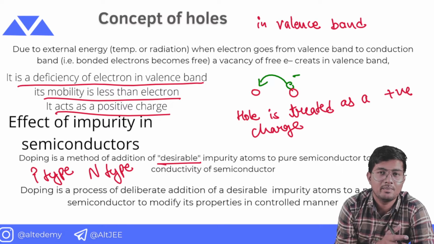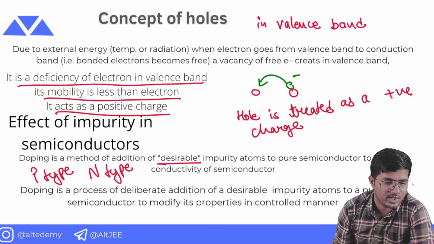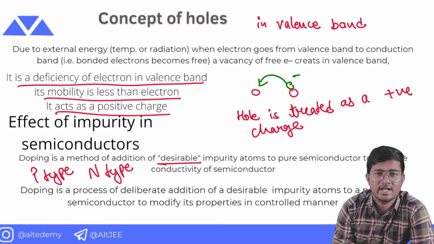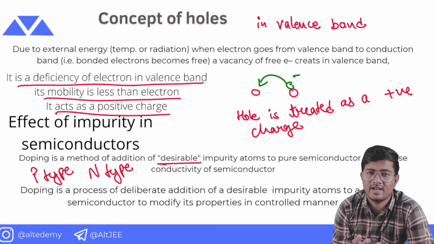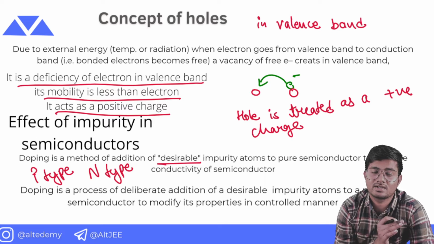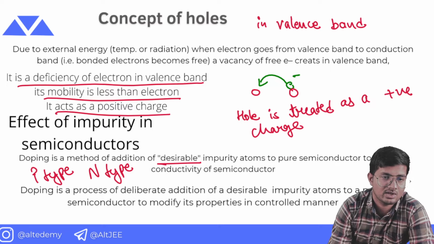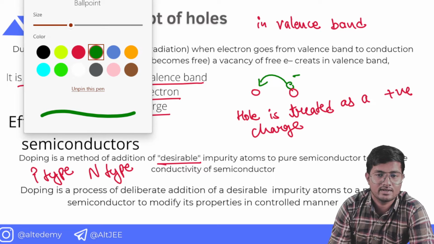Clear, beta? All right. So what we do is, we use aluminium, phosphorus, these kind of elements in a pure semiconductor. What is a pure semiconductor? Your pure semiconductor is going to be silicon or germanium. All right. Great.